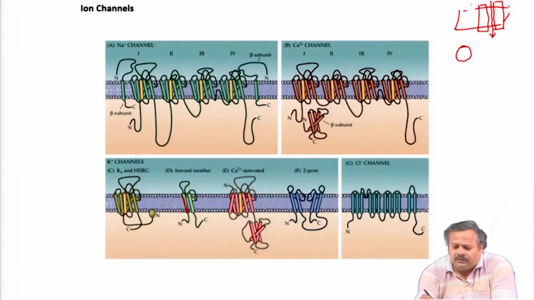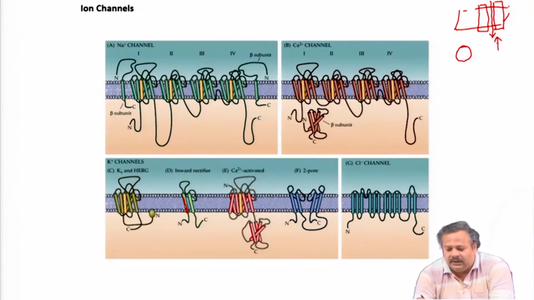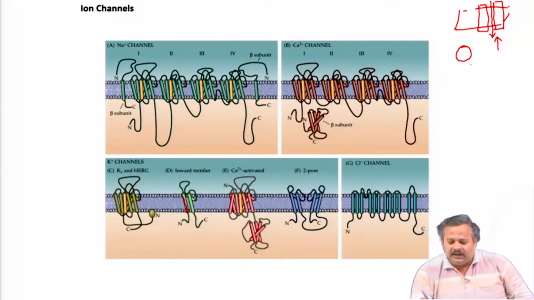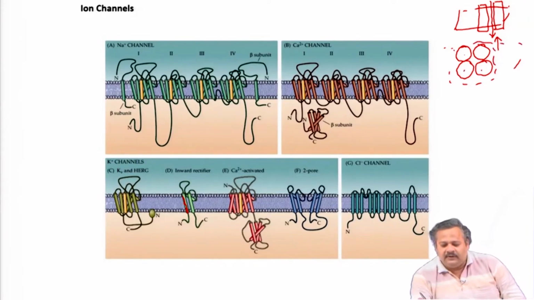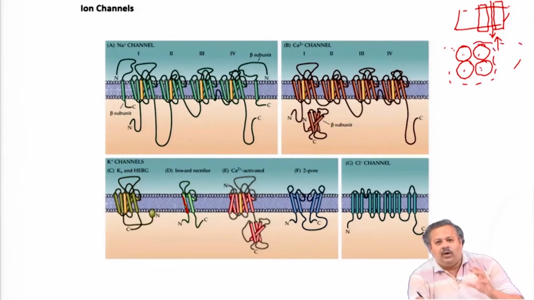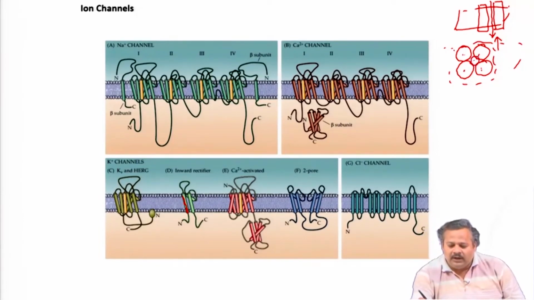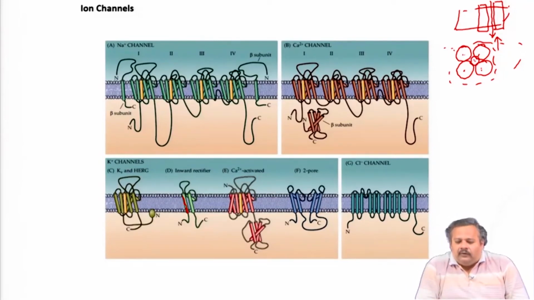Now if we look from the top, that is on top of the membrane, what we will see is an arrangement like this, with 4 subunits. So we have membrane all around this, and these are the 4 parts of the ion channel that have come together to form a pore in between that provides the path for the ion to flow through.